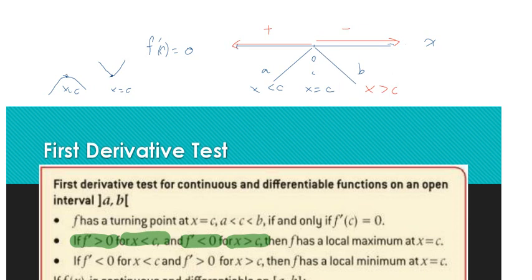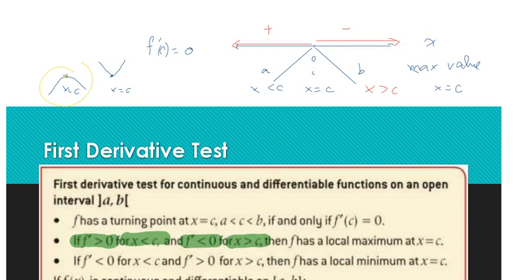So that means we will obtain a maximum value where our x is equal to c. So if this is a parabola, it looks like this one. This is the vertex, the highest point, and that contains a maximum value.